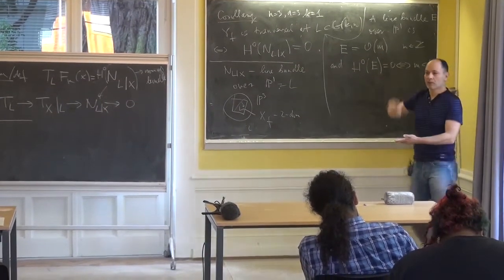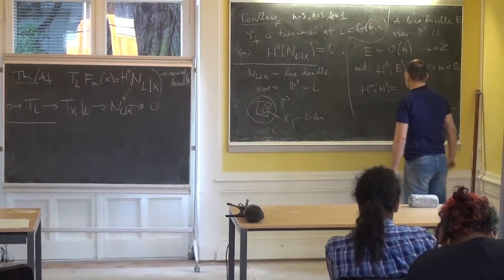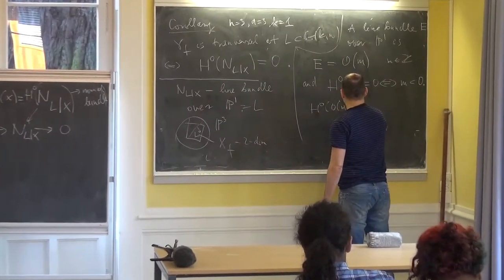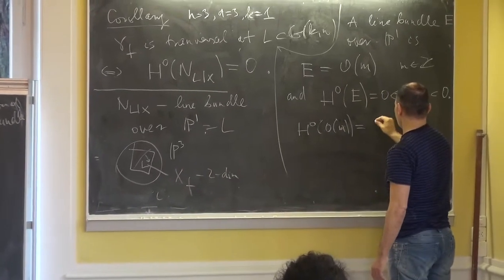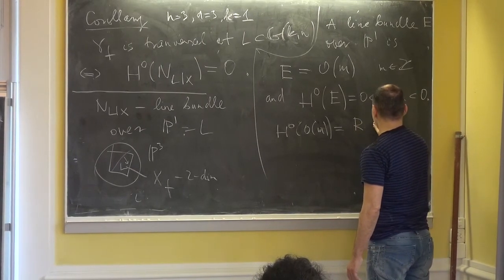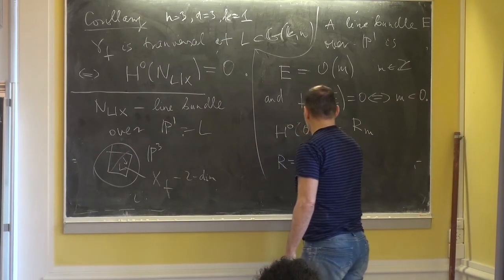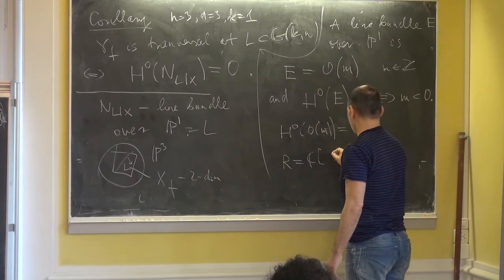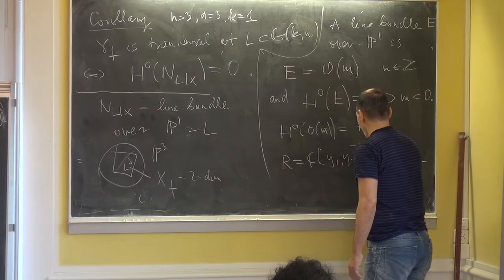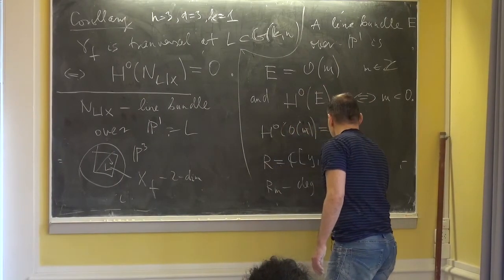And then of course, if you go higher, in general, H0 of O of M is equal to R sub M, where R is the polynomial ring in the two variables y1 and y2, and R_M is the degree M polynomials.